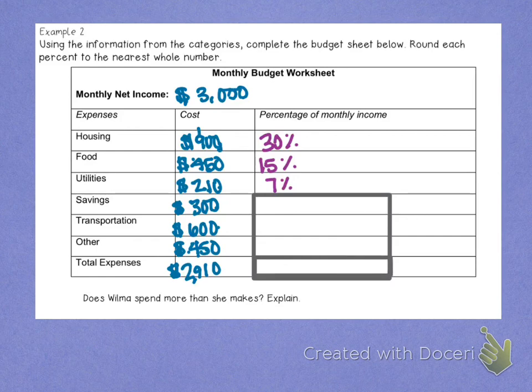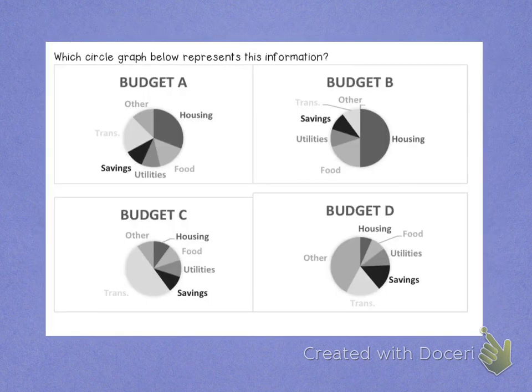Does Wilma spend more than she makes? Well, she makes $3,000 and she spends $2,910. So no, she has $90 left over. And here, if we notice, housing was the most. Housing was $900 and it equaled 30% of her income.